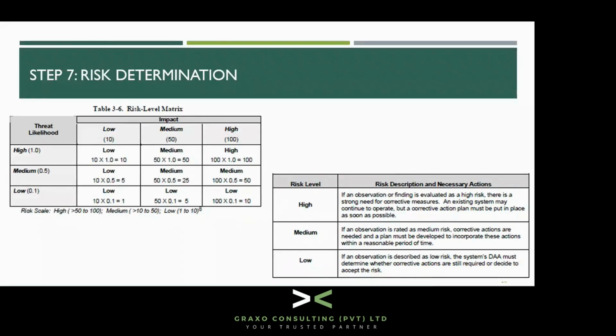Moving on, now that we have done the likelihood determination and the impact analysis, we are going to look at the risk determination. The purpose of this step is to assess the level of risk to the IT system.